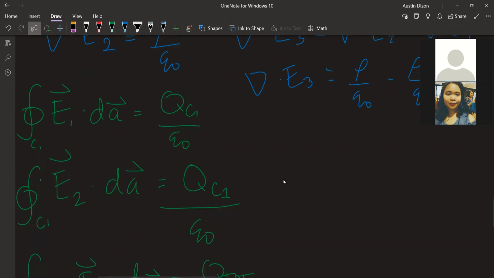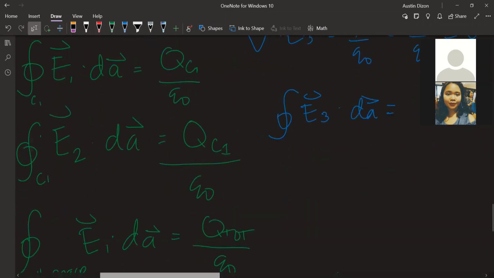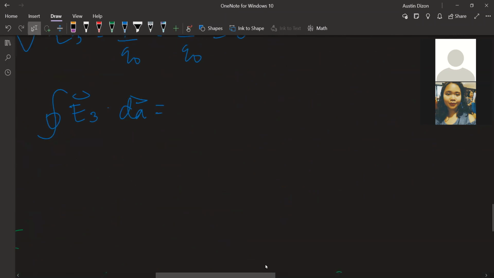Okay, so pwede ko rin naman i-Gauss's law na integral. Pwede ko i-integrate si E3 dot dA. Okay. And then I'll integrate the others too, which is E2 minus integral ng E1.